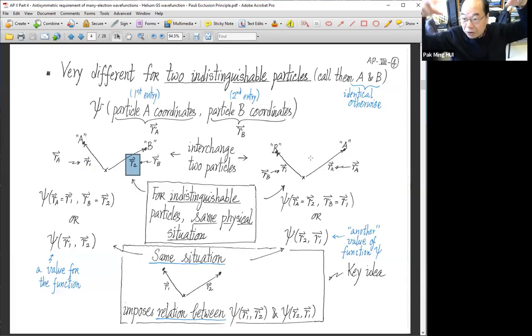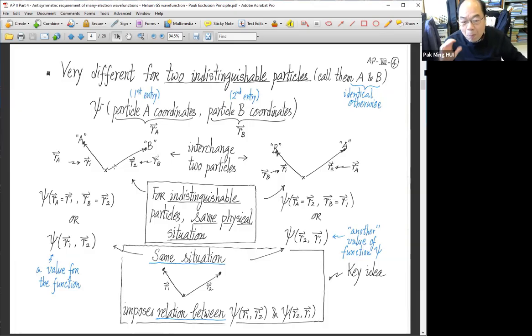In the other situation, after you switch the 2 particles, B takes on R1 and A takes on R2. But since they are the same particle, indistinguishable, the situation simply says one is here and another is there. If you switch them, it is still one here, one there.